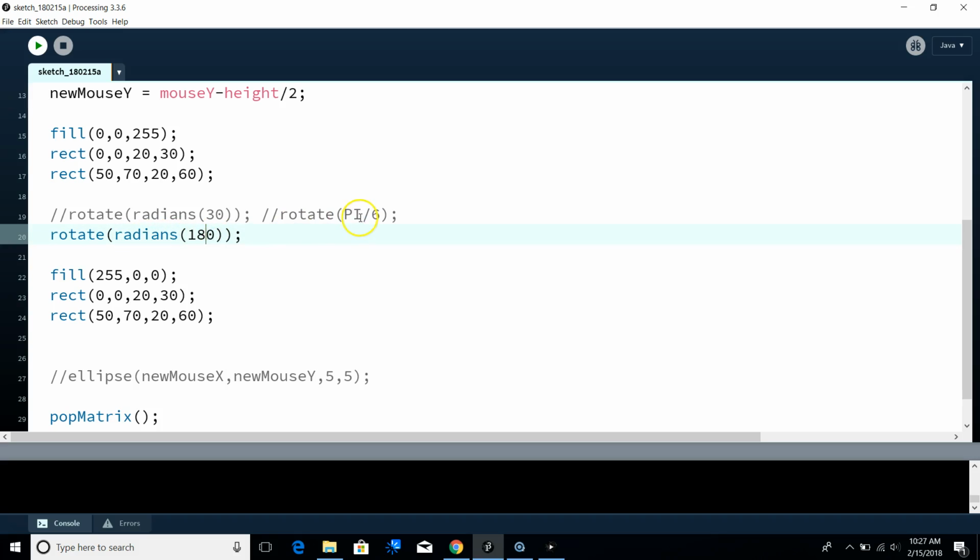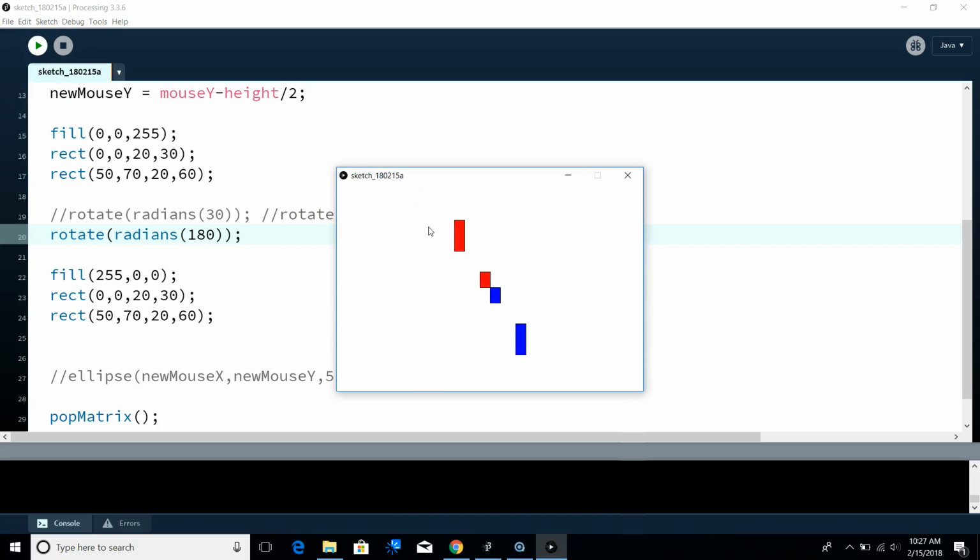So 180 degrees, or I could rotate by pi radians, right? Okay, so X is going left now and Y is going up. Well, I wanted Y to go up, but the X is going the wrong way. So then I might try 270, which is still going to go the wrong way.